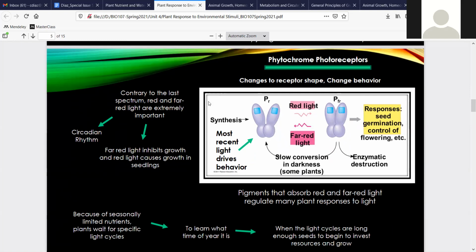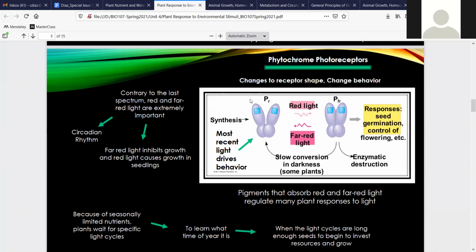And so what I want you to know is that far red light and red light are what I used as an example of a multitude of different things, which are different types of photoreceptors, and the changes in these receptors when they're exposed to light.